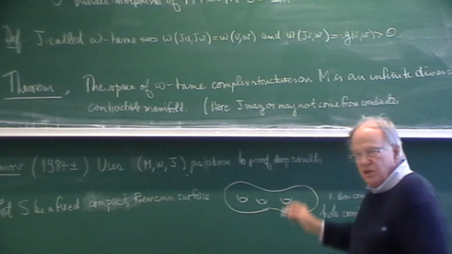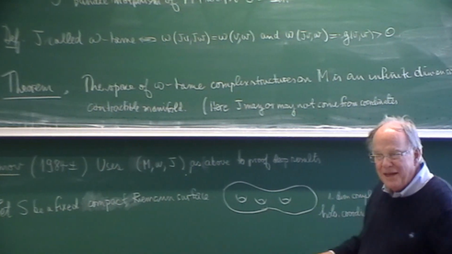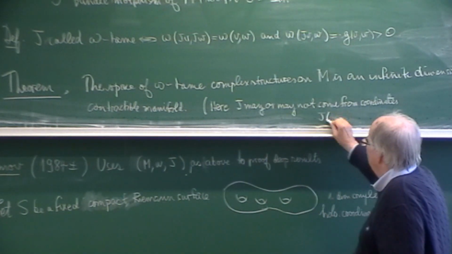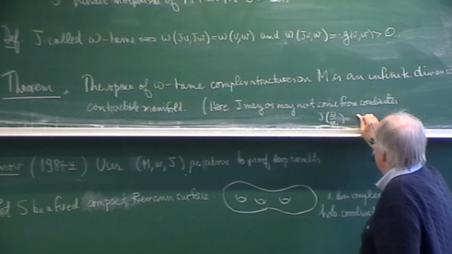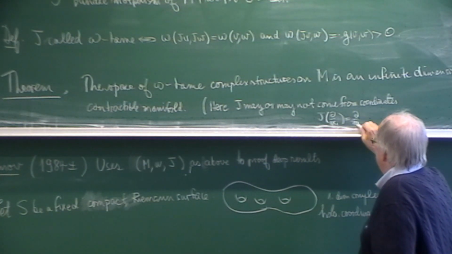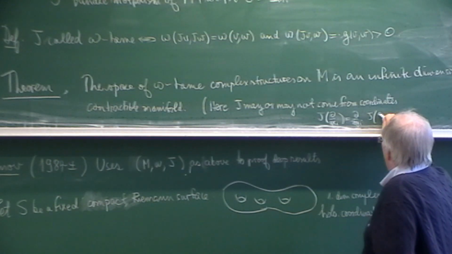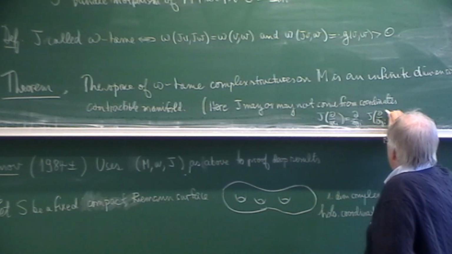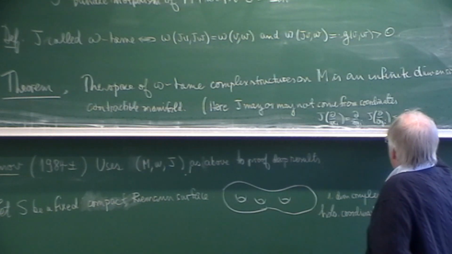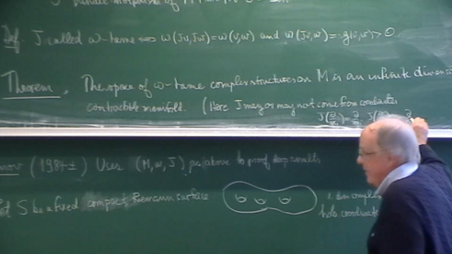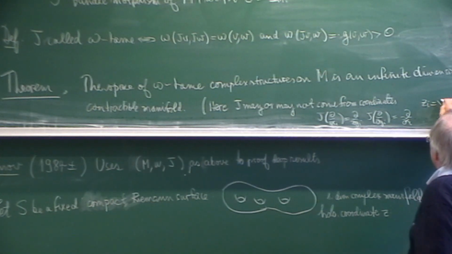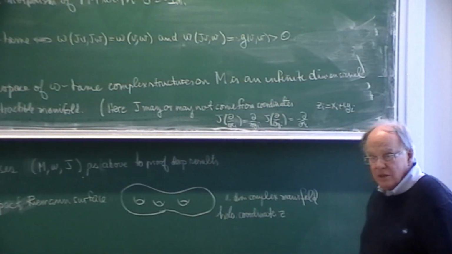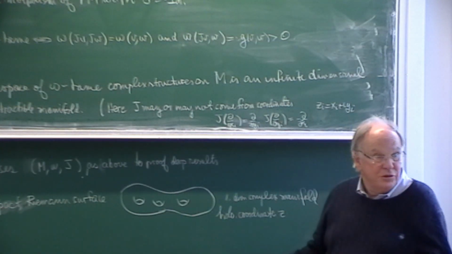What I mean by coming from coordinates is J of d/dx_i equals d/dy_i, and J of d/dy_i equals minus d/dx_i, where the coordinates z_i are x_i plus i y_i. You get it? If you have coordinates, you can write down J.